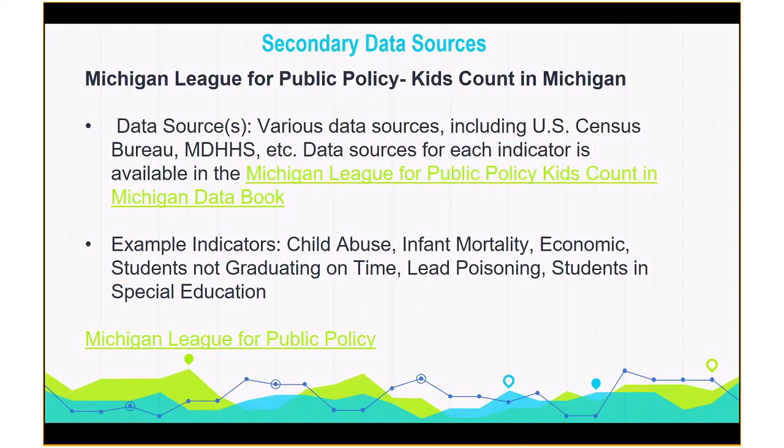For the current presentation, some example indicators that you may be interested in could include child abuse, infant mortality, economic indicators including poverty, educational indicators including information on students not graduating on time, lead poisoning, and students in special education. Indicators that have a low incidence or are unavailable data are not calculated and available on this website.